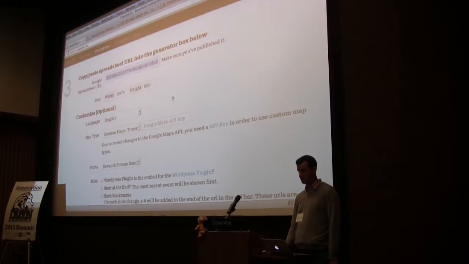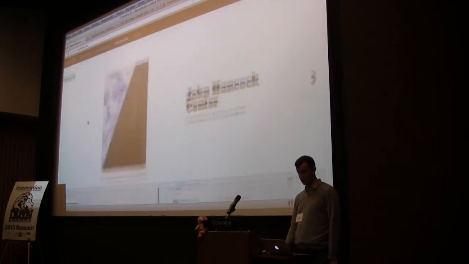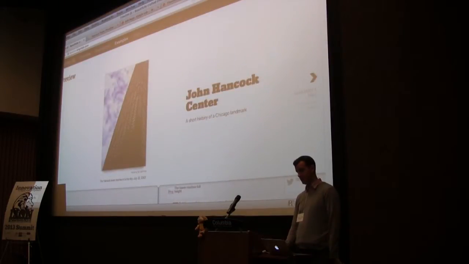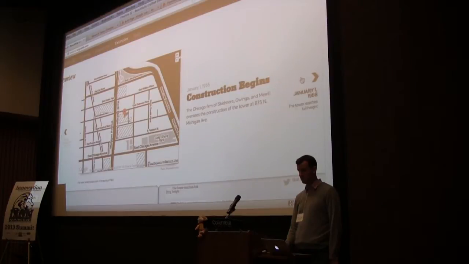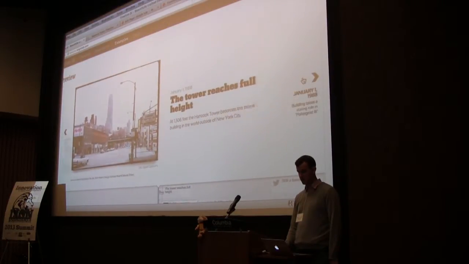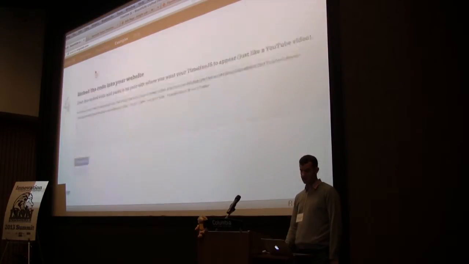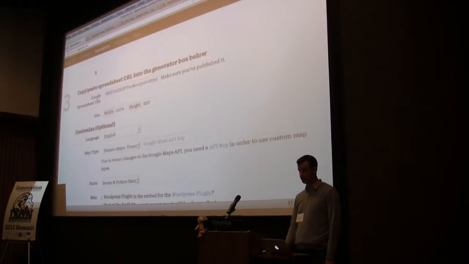There's a few options here that you need not really worry about. Quick preview, and here it is. That's the photo we chose. You can navigate through. Here's the other media I put in, a map, a Flickr photo, a YouTube video, and on and on. For most people that's good enough, but there are a few little tweaks you can make without any technical knowledge.